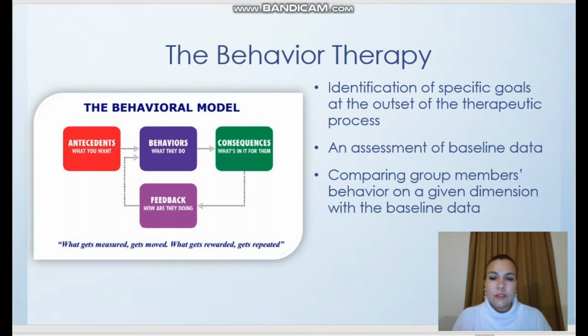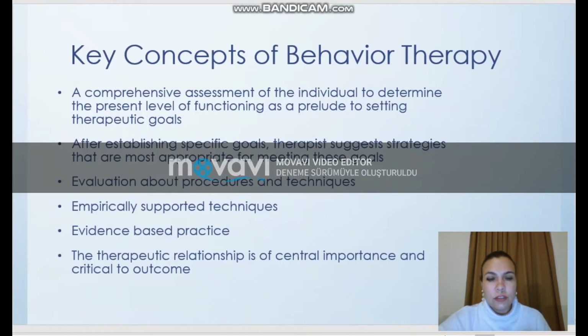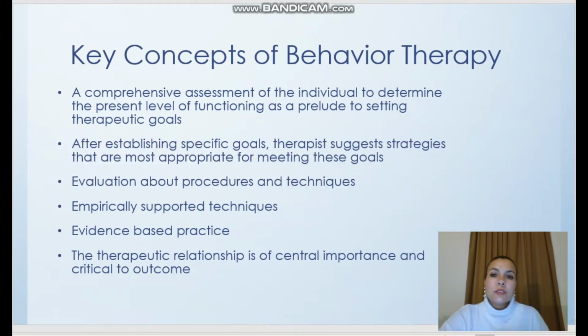Throughout the group process, they compare the progress of the group members with respect to the baseline. And a comprehensive assessment of the individual to determine the present level of functioning is made in order to be able to set up goals with the clients.